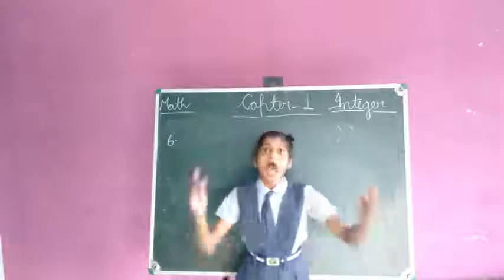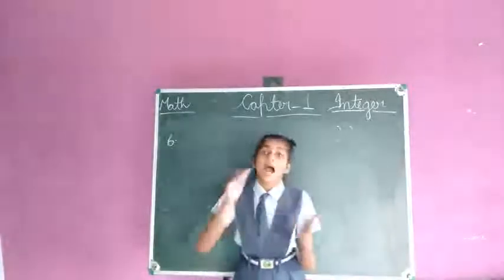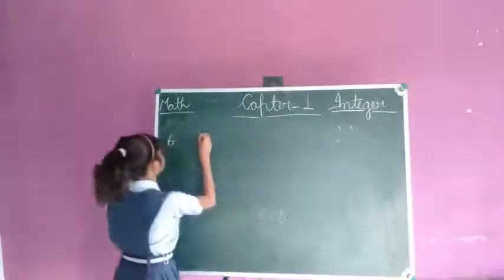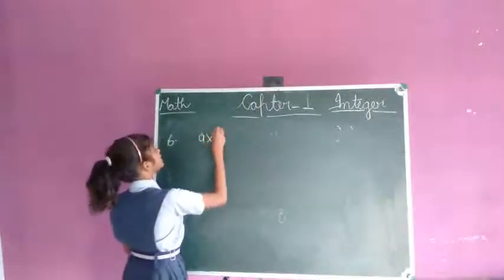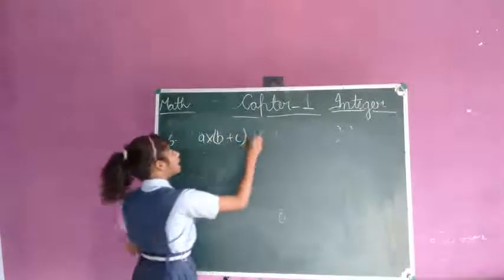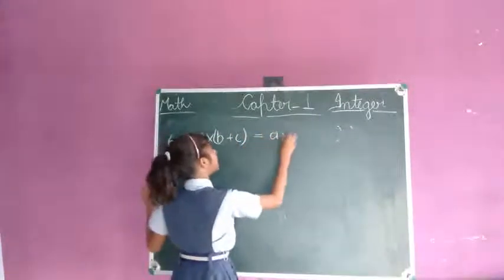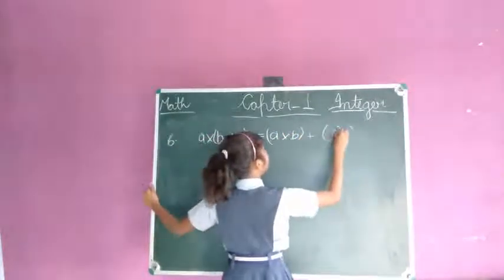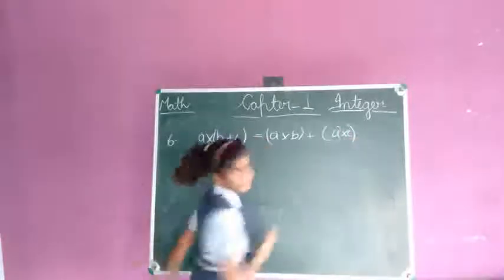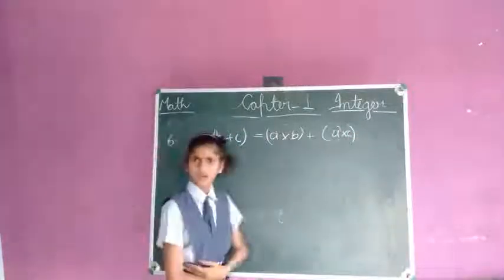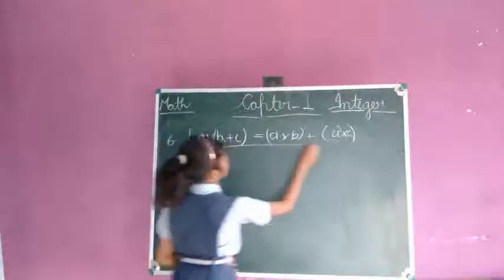If A, B and C are any three integers, then A into (B plus C) equals A into B plus A into C. Correct, friends? So here, this is our distributive property.